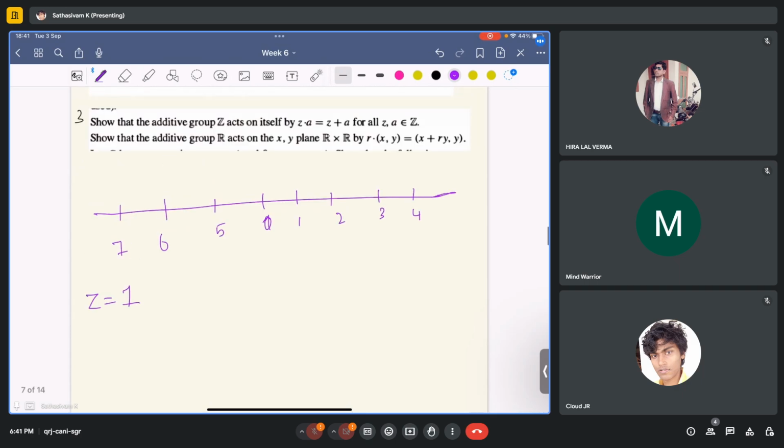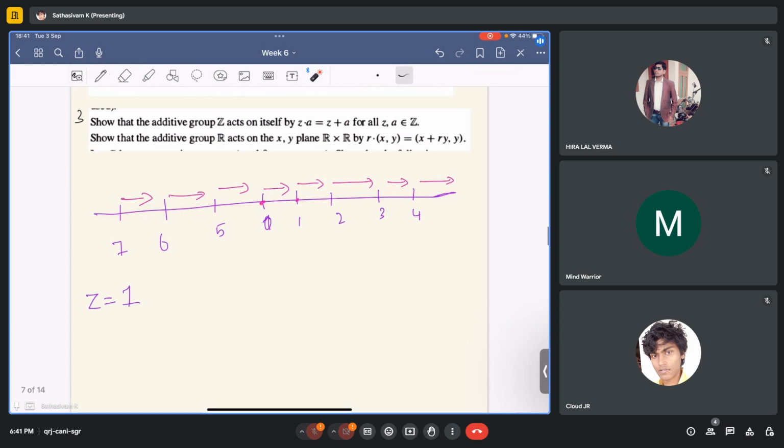Now if I act on the integers, 0 goes to 1, 1 goes to 2, and 2 goes to 3. So these things move around.